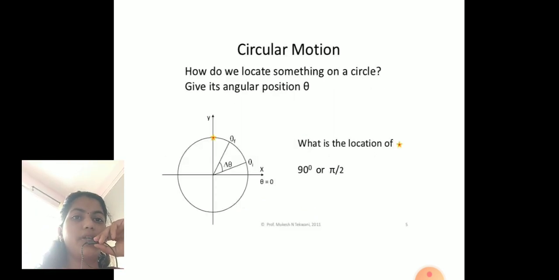Now in circular motion, how do we locate something on the circle? Give it an angular position.